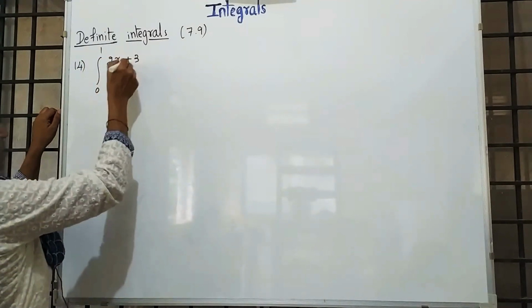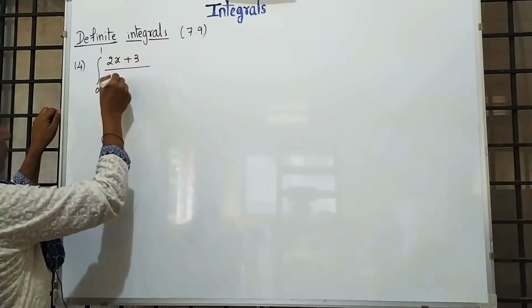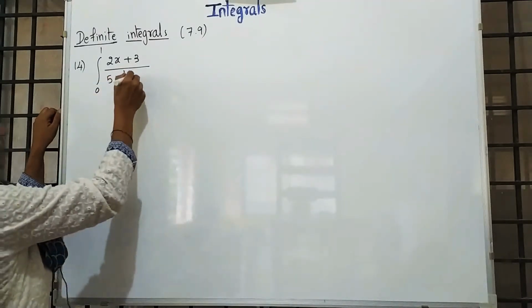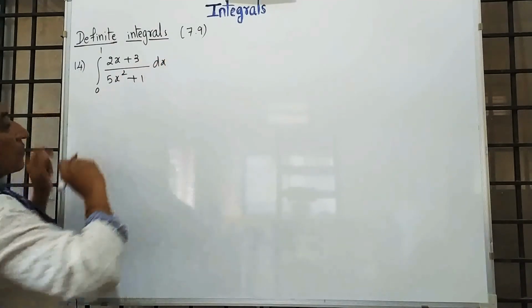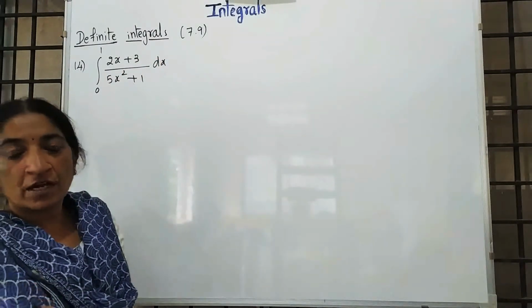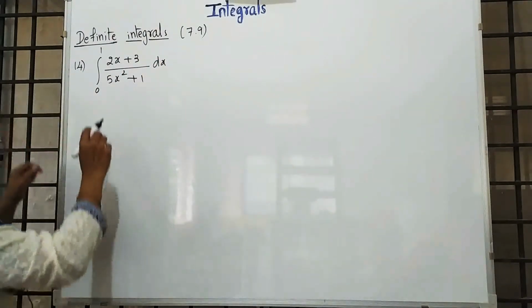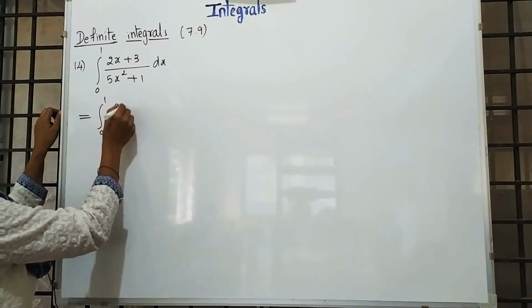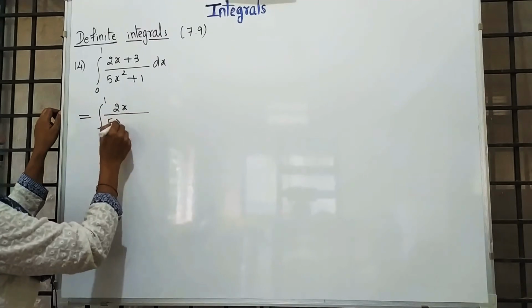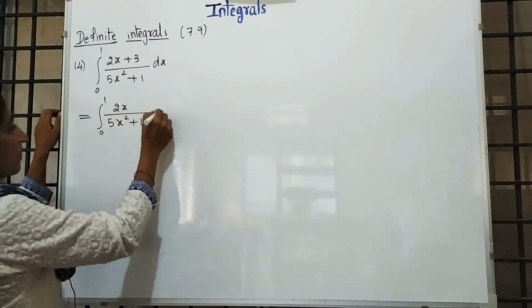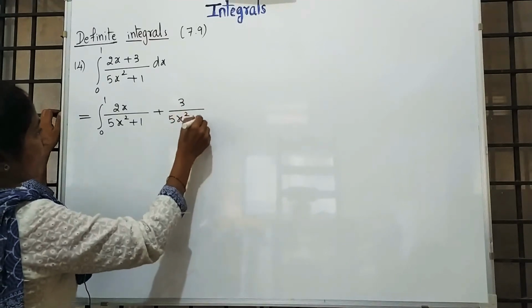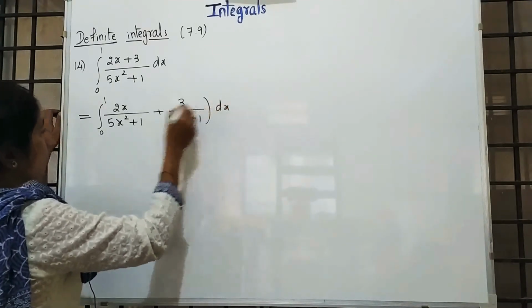2x plus 3 upon (5x square plus 1) into dx. See, this is a proper fraction and the method is, first I am taking the denominator separately: 2x upon 5x square plus 1 plus 3 upon 5x square plus 1 into dx.